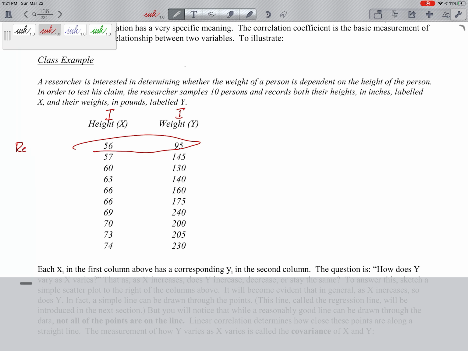So this is, say, respondent number 1, and of course if this were a data table, you'd have everything in a particular row corresponds to respondent number 1. So a height is paired with a weight.